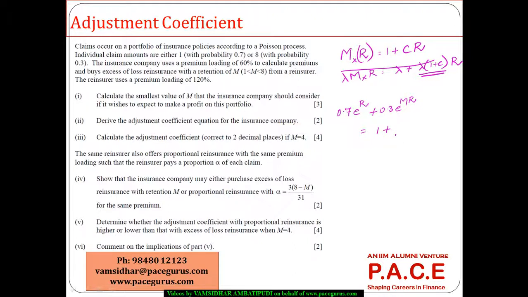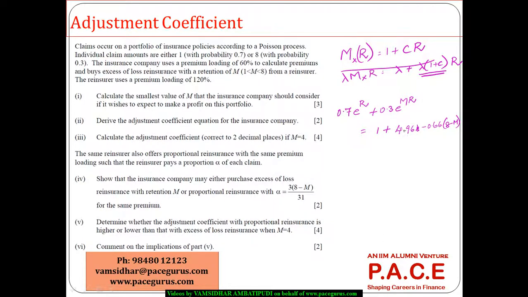I mean, when we're going with the reinsurance, after taking the reinsurance, what is the net premium that we are looking at? So it is 4.96 lambda minus 0.66 times 8 minus m.